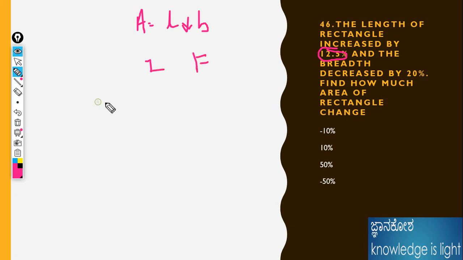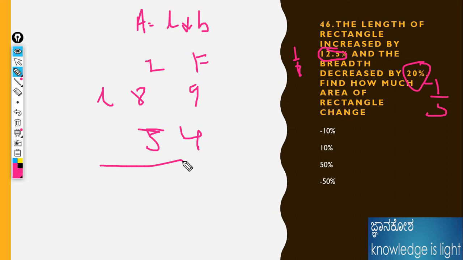The length is 8. 12.5 is nothing but 1 by 8. Increase means initially 8, finally it could be 9. The breadth decreases by 20%, that means 1 by 5, so decrease means 4 by 5. Understand? Okay.